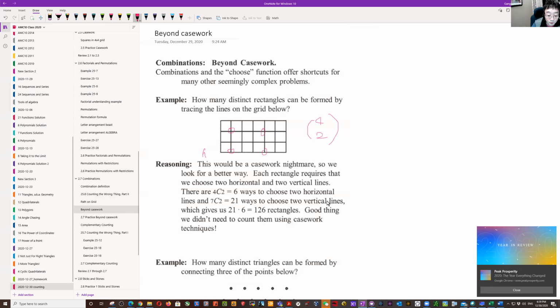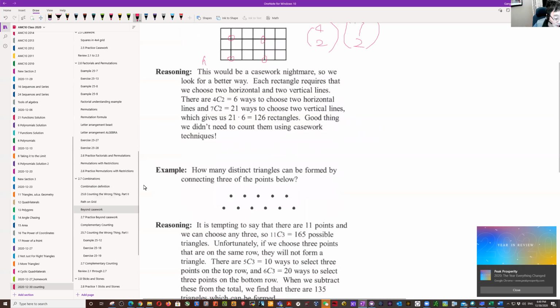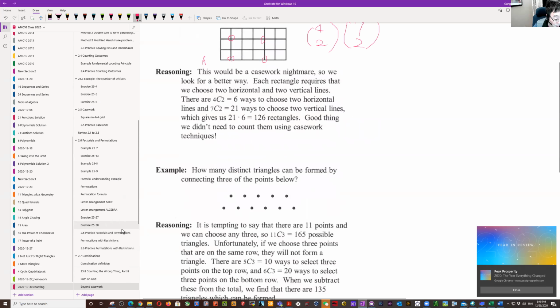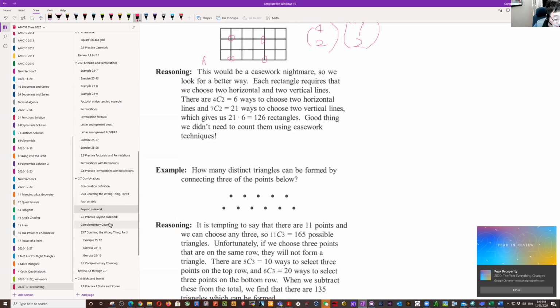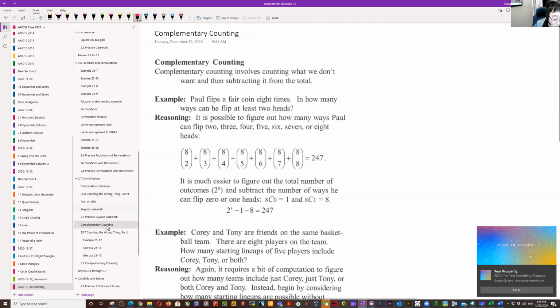And on the 7 vertical positions, 1, 2, 3, 4, 5, 6, 7, it's 7 choose 2. If we multiply them, because after we choose the horizontal, then we choose the vertical, we will get all the positions. So we are able to fix those.